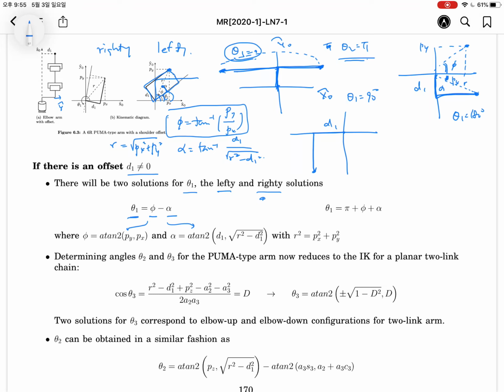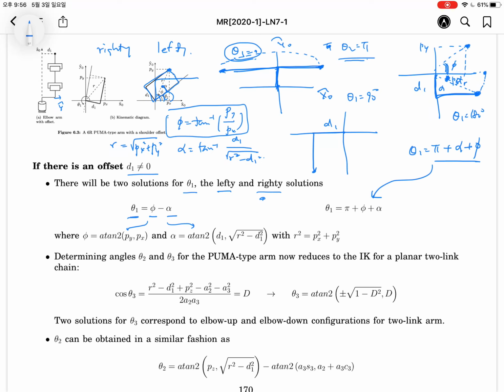So if you are applying this phi angle, then this will move to here. Is that right? And then by adding a pi, this point will be approached to here. So theta 1 will be phi plus alpha, because this is denoted by the alpha, plus pi.